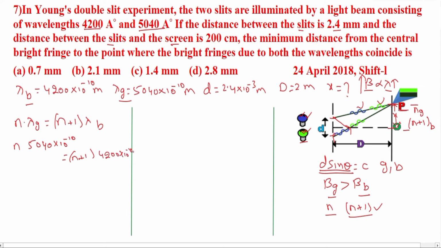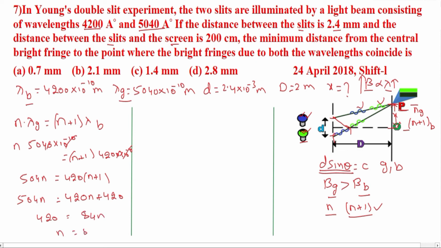This 10 power minus 10 will get cancelled. Then what will I get? 504 n is equal to 420 into n plus 1, that is 504 n equals 420 n plus 420. Now if I solve this, 420 will be equal to 84 n, that is n will be equal to 5.